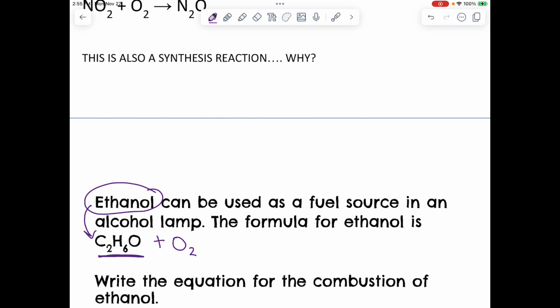And when we add oxygen to it, whenever we have a hydrocarbon, so make yourself a note, this is a hydrocarbon. Anytime we have a hydrocarbon and combustion, our products are always going to be CO2 and H2O. So there is our reaction for ethanol going through combustion because it's a hydrocarbon.